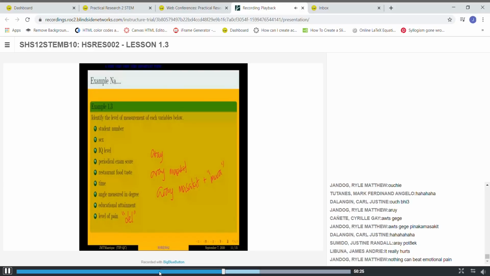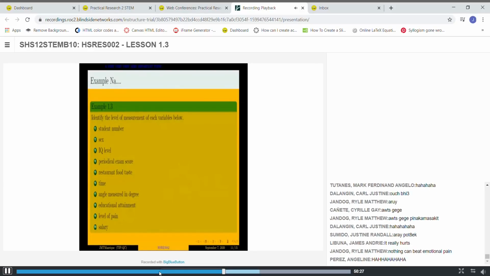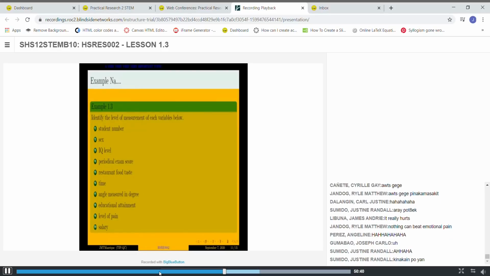Now, last example, salary. What is salary? Salary is ratio data.